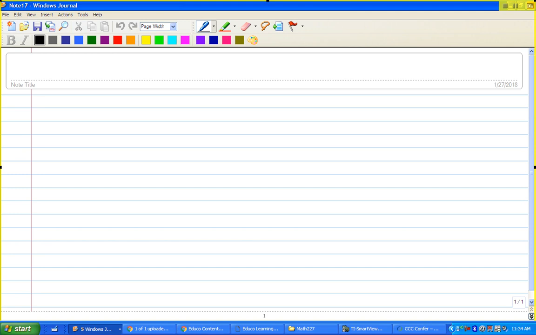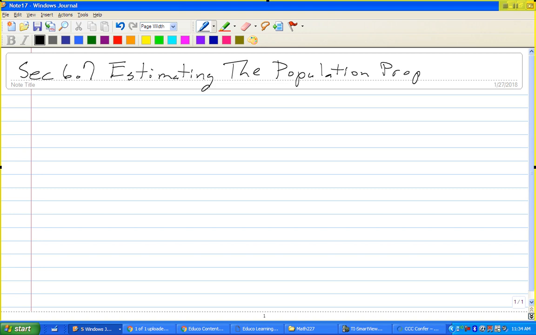So already 5 points. Section 6.7, estimating the population proportion p, and this will be for large samples.